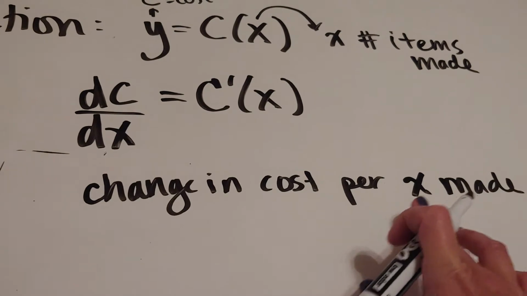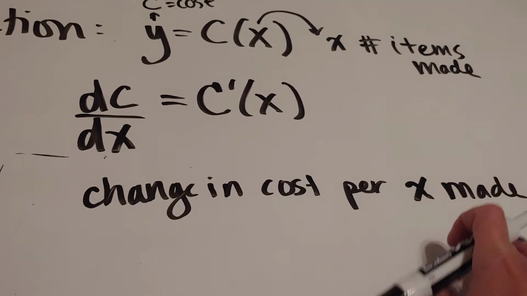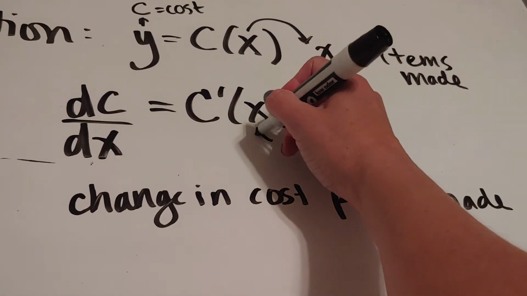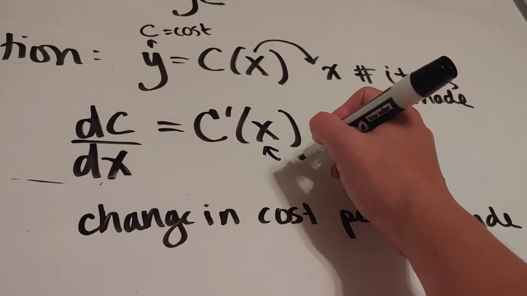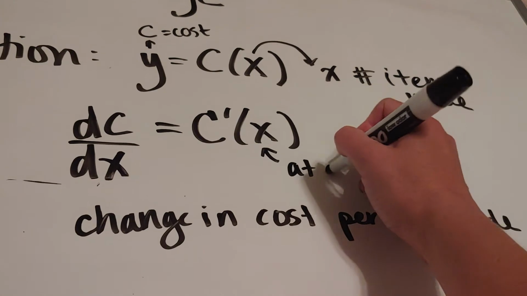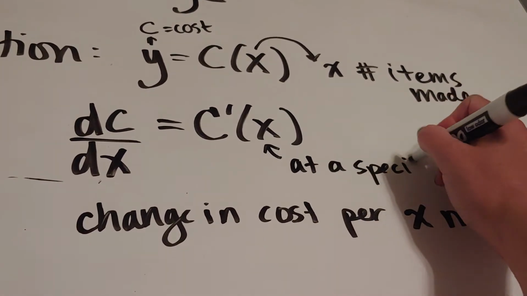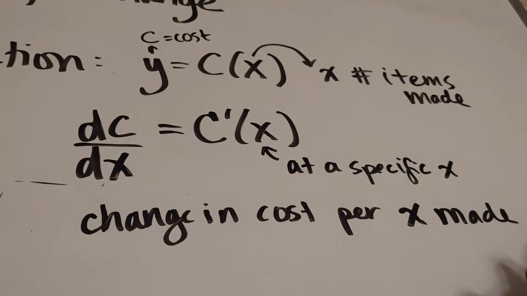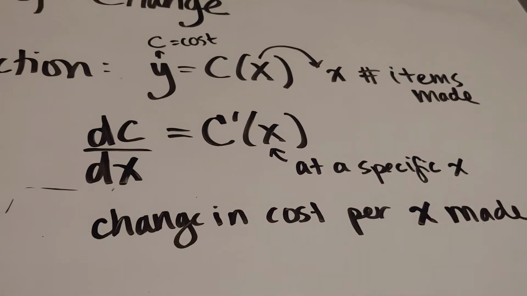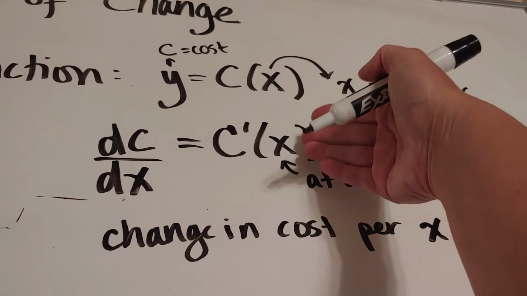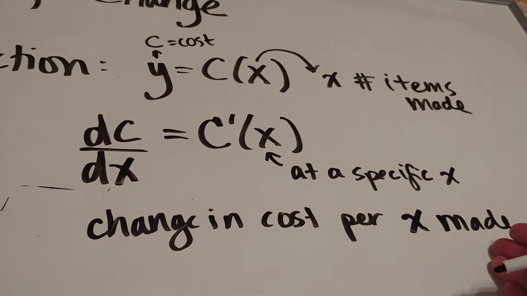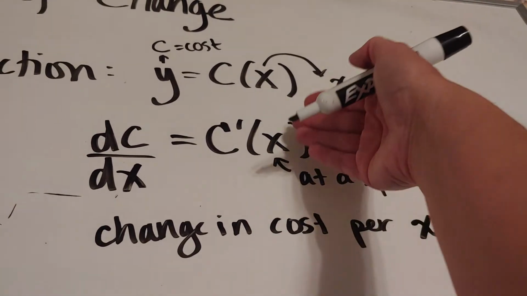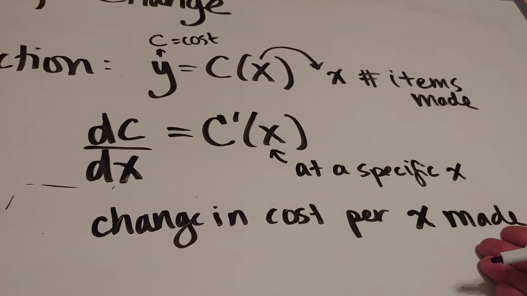So change in cost per product made. Now, the interesting thing is that it's going to change, possibly, depending on our x value. So at a specific x, it will tell me what the change in cost is. Okay, so maybe when I am making 100 items, my change in cost is 50. Maybe when I'm making 1,000 items, my change in cost is 25.